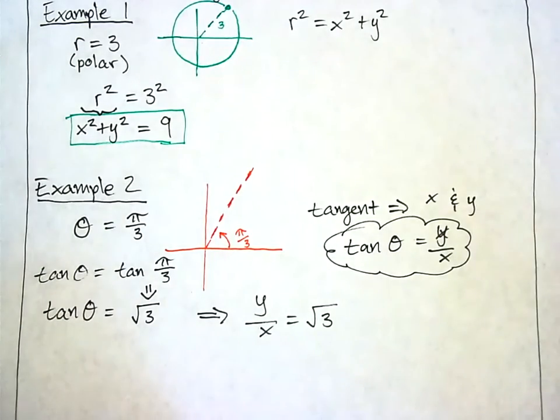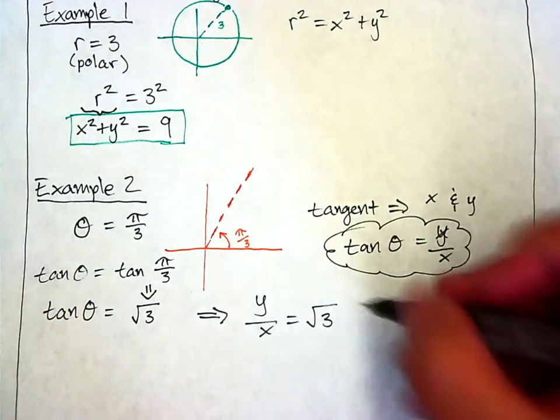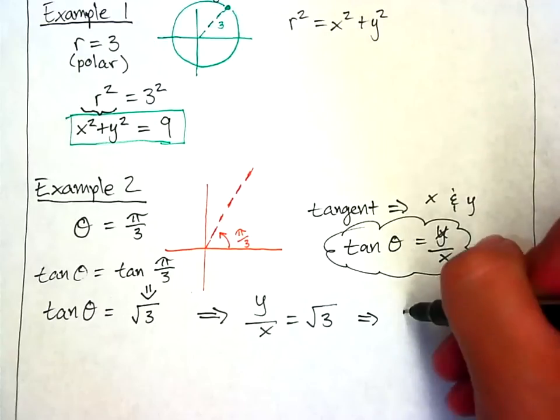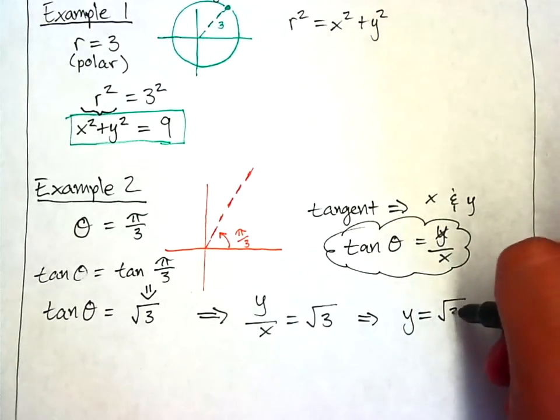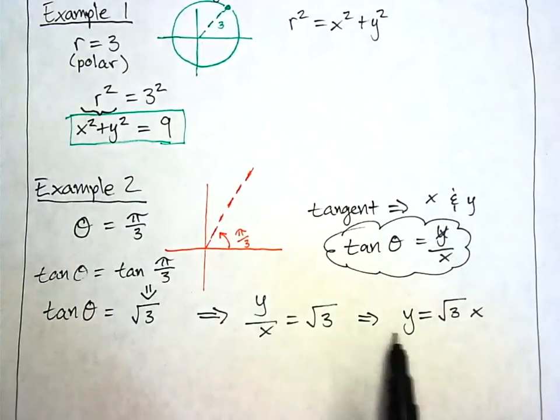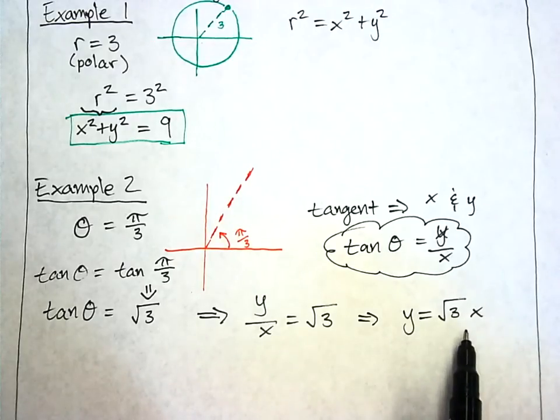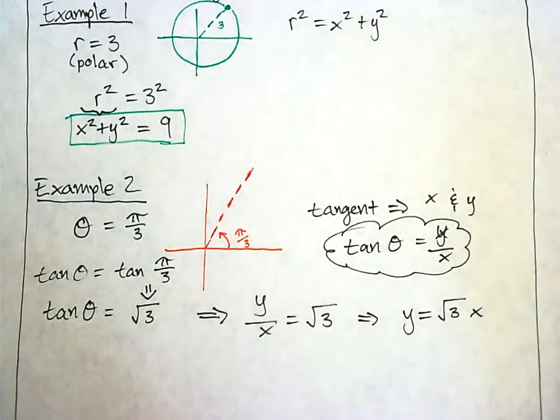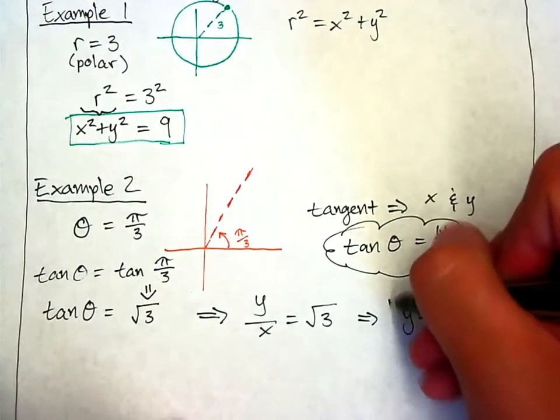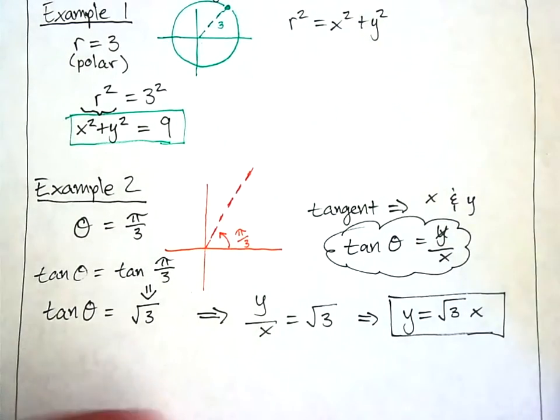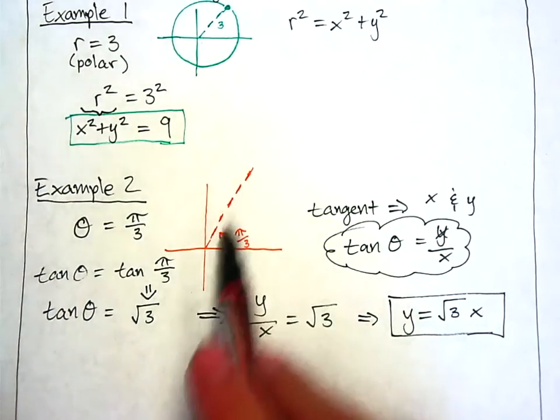Now all I need to do is multiply x to both sides, and I get y equals square root of 3 times x. So this is a linear equation with the slope of the square root of 3, so about 1.7. And that pretty much matches up with this graph that we have right here.